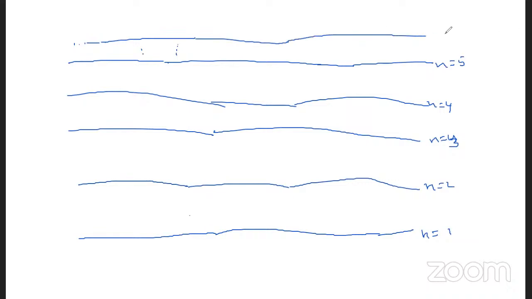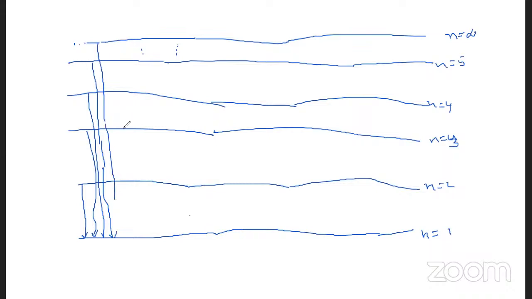This one I'm taking as n equal to infinity. So we get the Lyman series when the electron is jumping from second to 1, or third to 1, or from n equal to 4 to 1, or from n equal to 5 to 1, or infinity, which we call the limiting series.